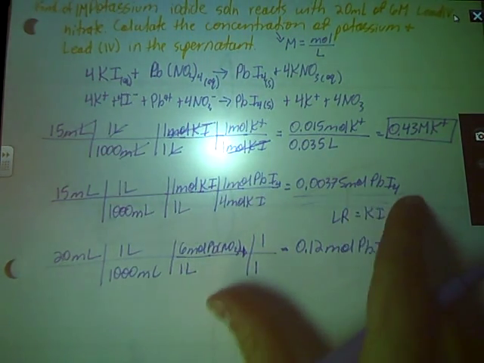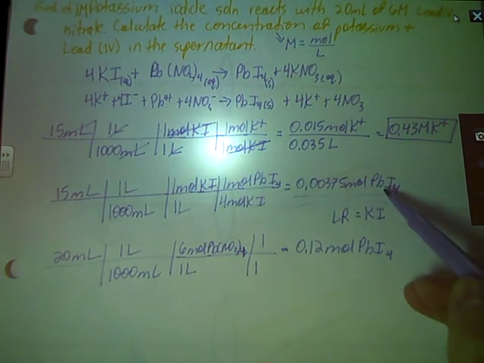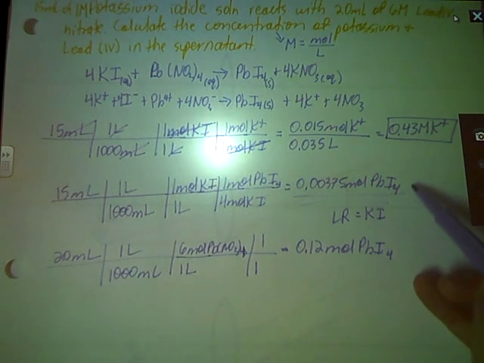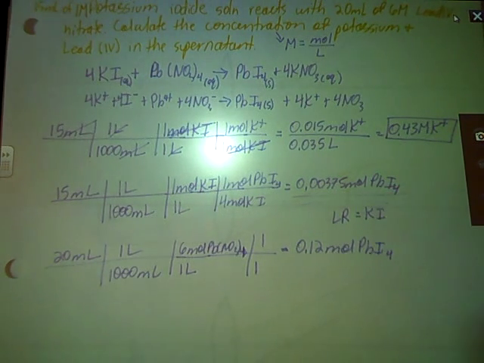Well, if we look at this, we notice that for every 1 mole of lead iodide, I have 1 mole of lead ion. So if I make 0.0037 moles of lead iodide, that means I needed to have 0.00375 moles of lead 4 ion in order to make that.